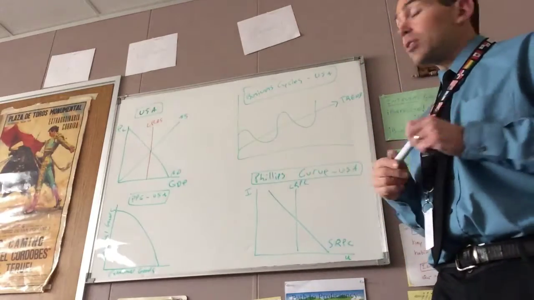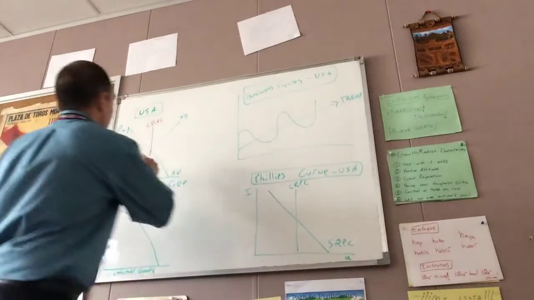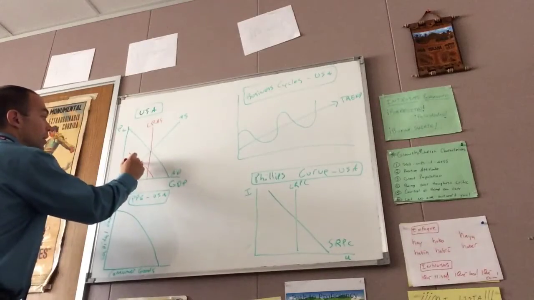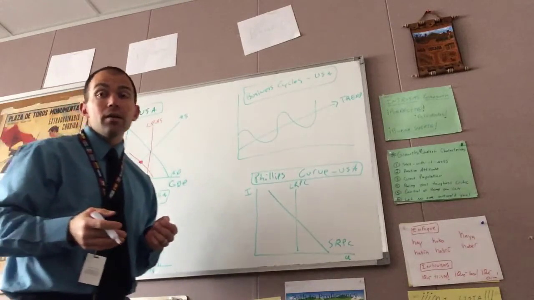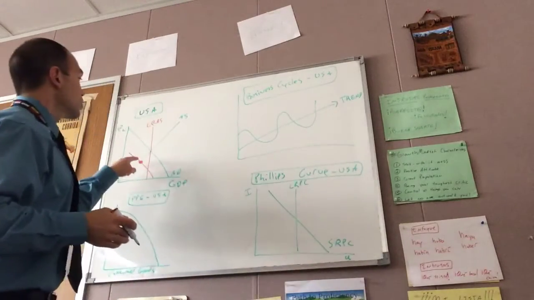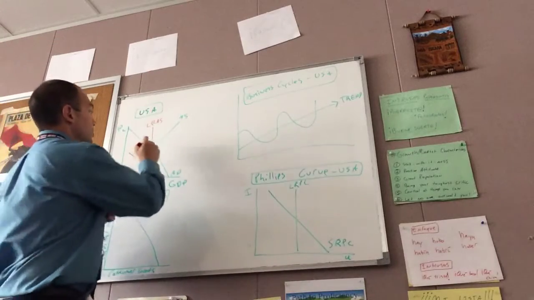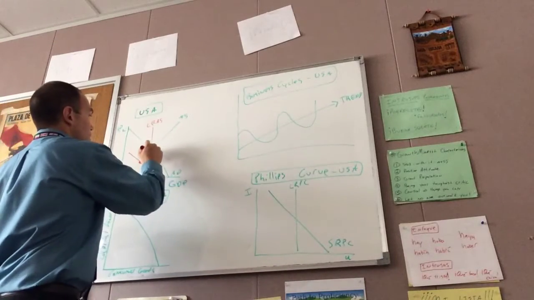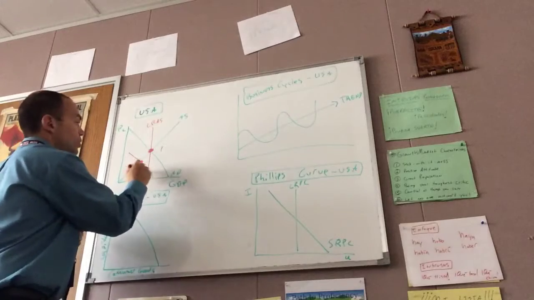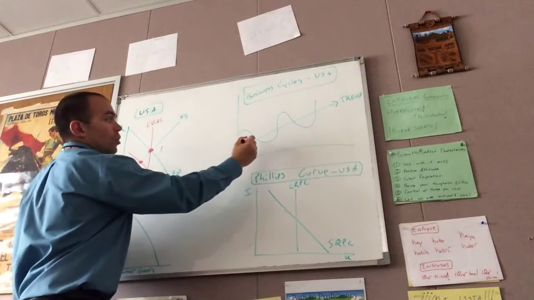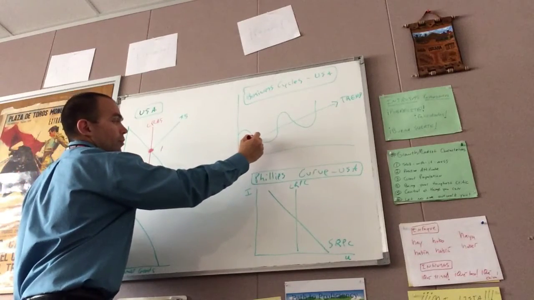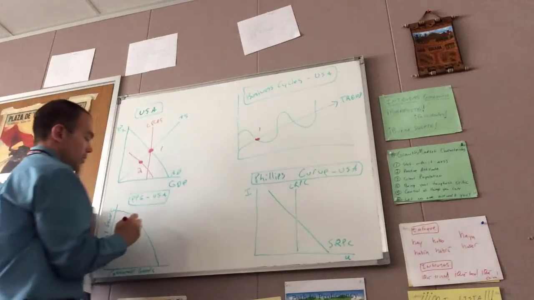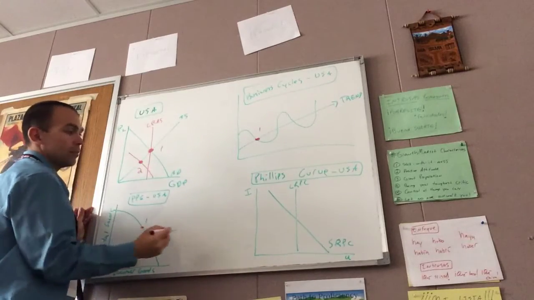Okay, so negative demand shock is going to be right here. Oh. Now this is called what? This is called the recessionary gap. So where is that point? So this was 1, 2. So we were at full employment. We were at full employment.